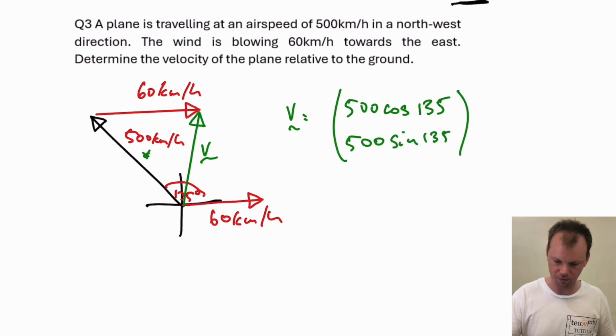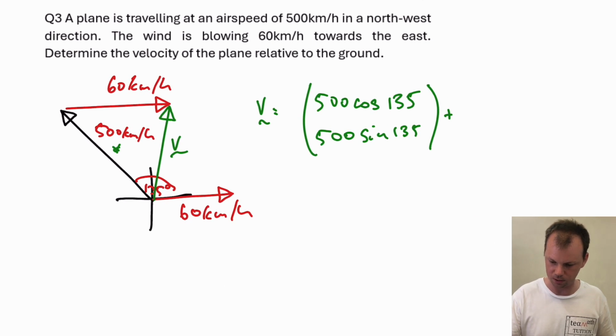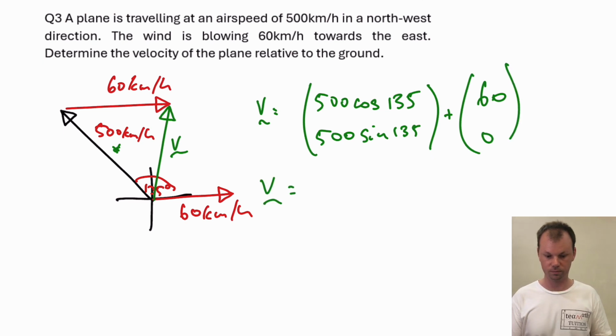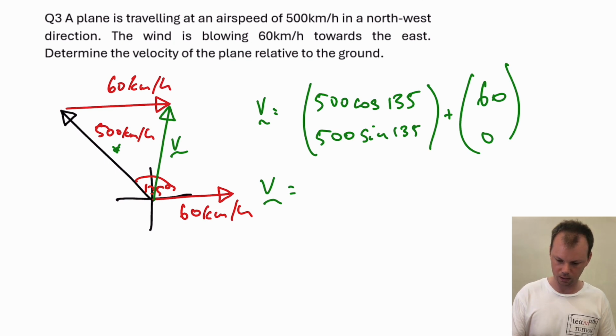So that's my first vector. Then we're adding the second vector, which is (60, 0). And this is going to be the velocity of the plane relative to the ground. We get negative 293.55.